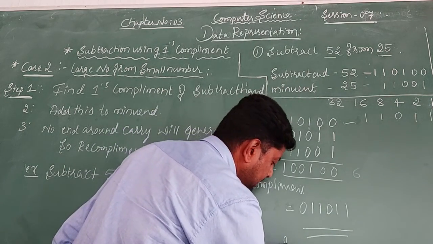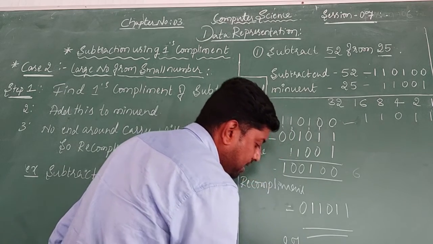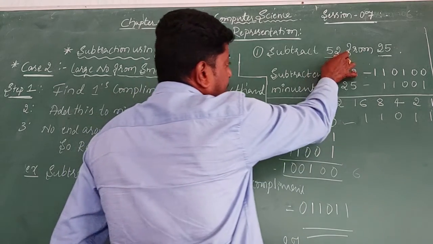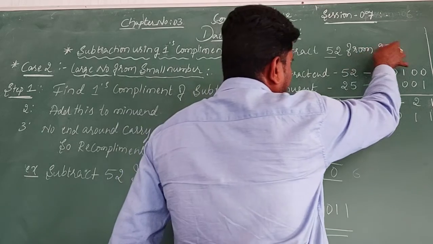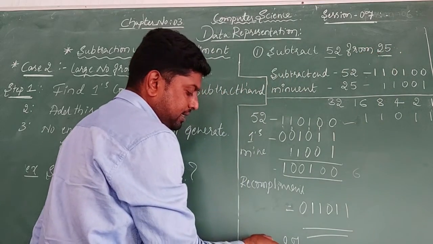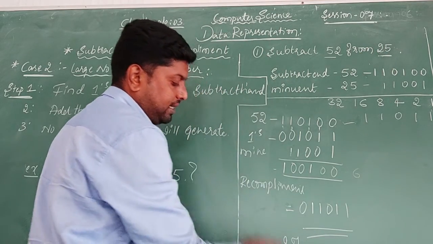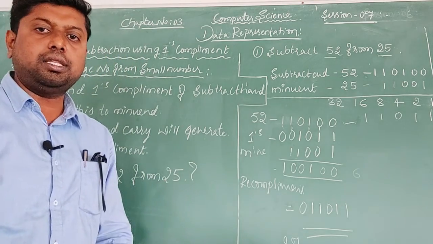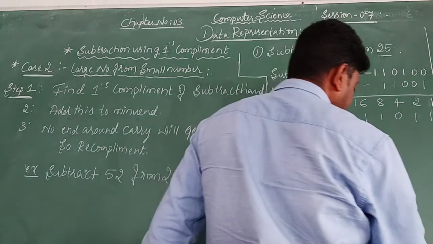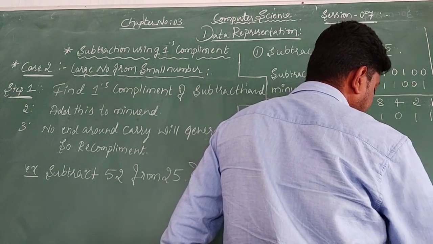Then the answer is 27. But this answer is from 52 minus 25, hence the answer is minus 27. Then this is the result: the result of this one is minus 27.